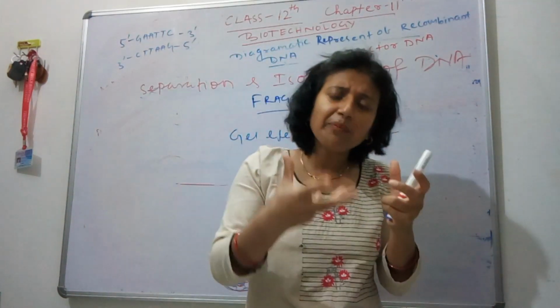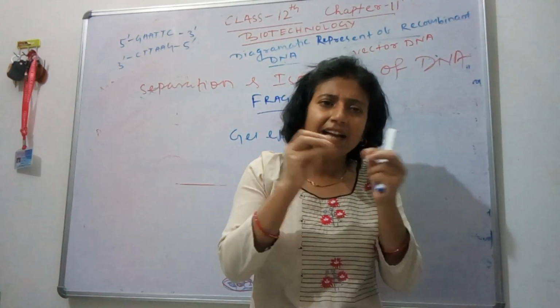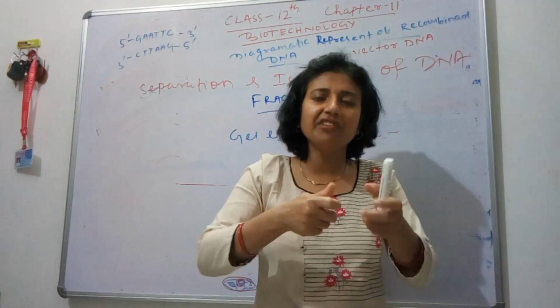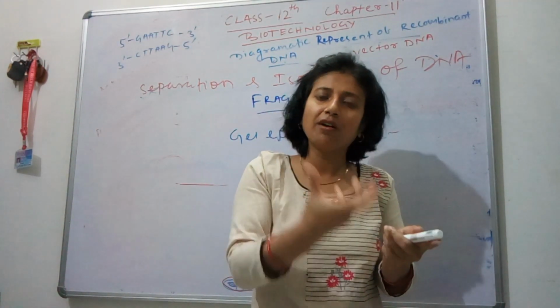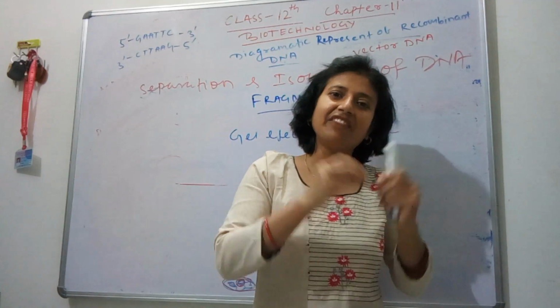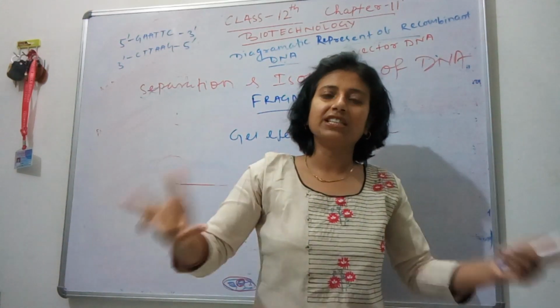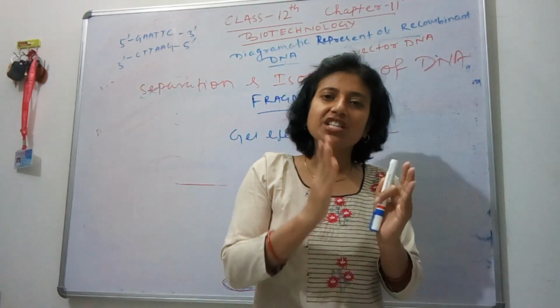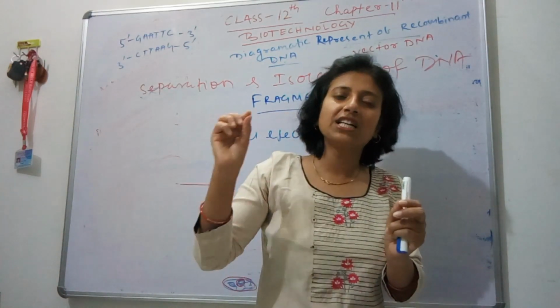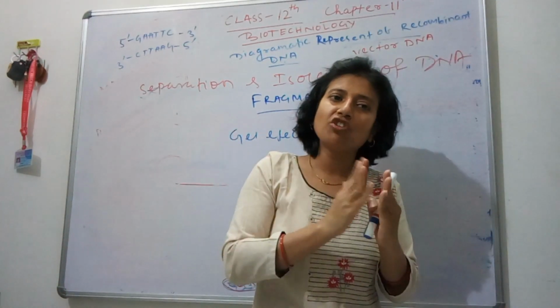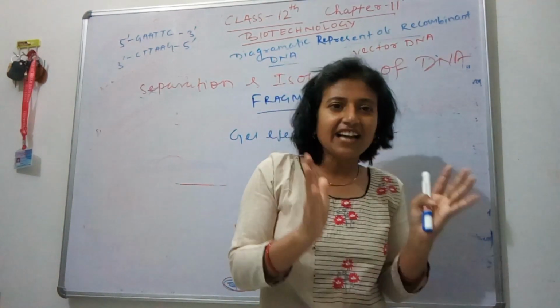Due to the sieving property, sieving means the things that are heavier in weight stay near and those that are lighter go further. So based on sieving property, the smaller fragments of DNA move towards the anode. Why? Because DNA is negatively charged.